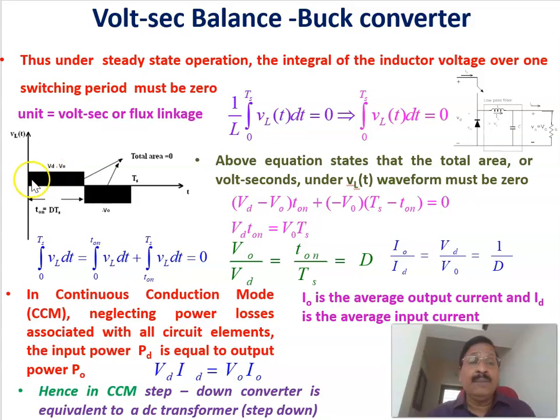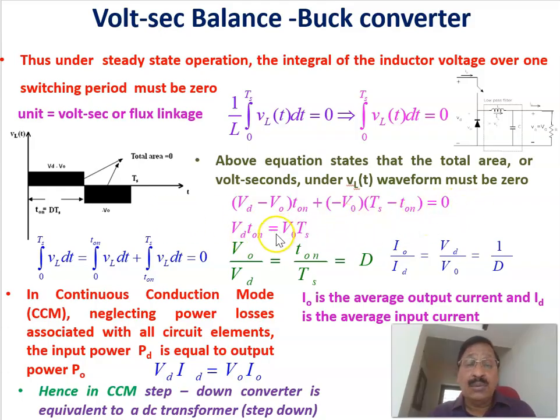This area is Vd minus V0 times Ton, plus this area, which is minus V0 into Ts minus Ton, where Toff equals Ts minus Ton, and that should be equal to 0.